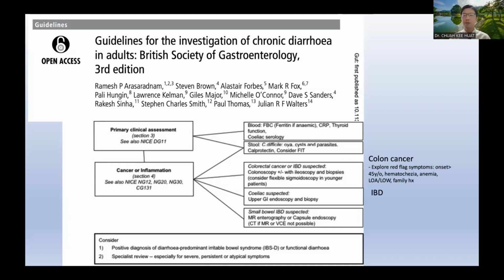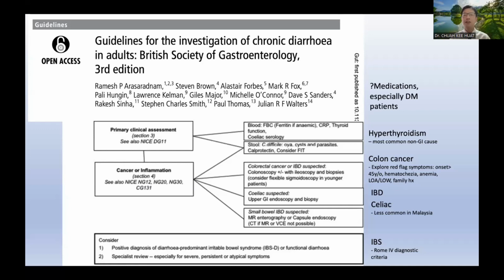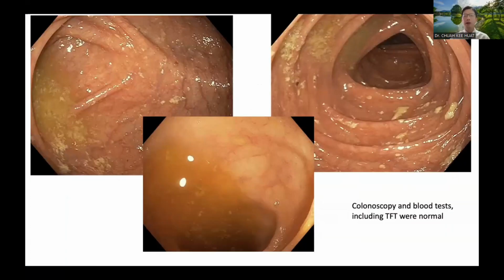To rule out IBD, inflammatory bowel disease, and IBS, one of the common functional GI conditions that we see day to day, especially in our gastroenterology clinic. Hyperthyroidism, one of the most common non-GI causes. Celiac disease, however, is less common in Malaysia.